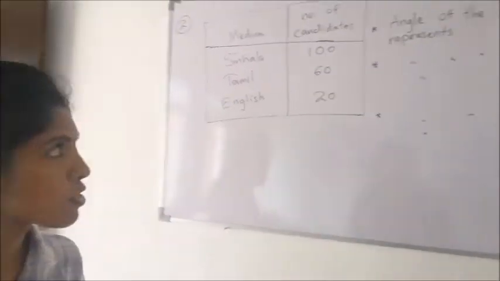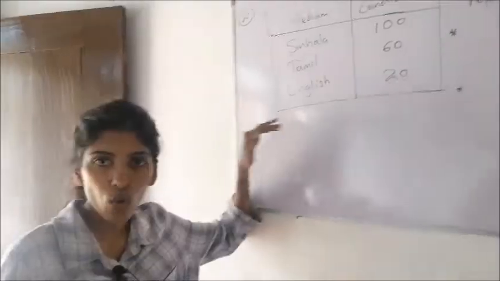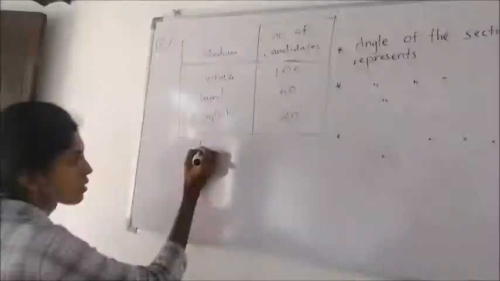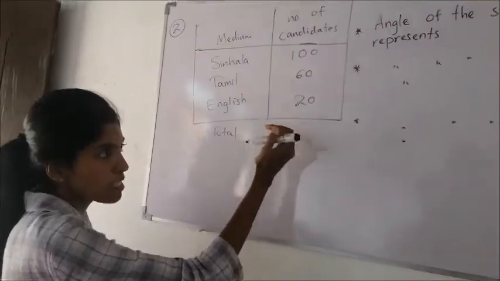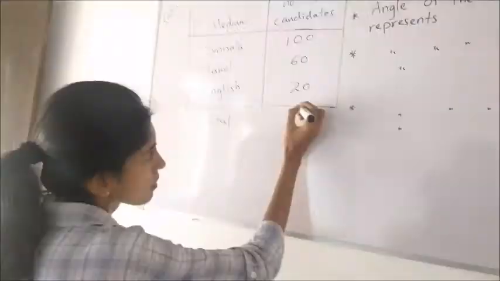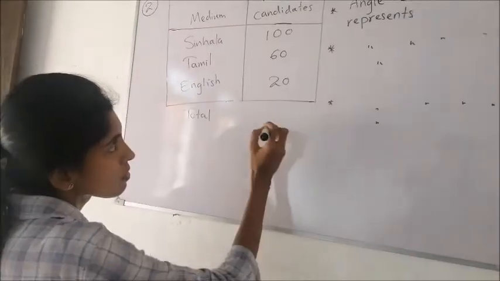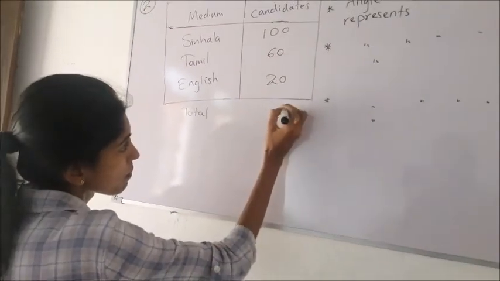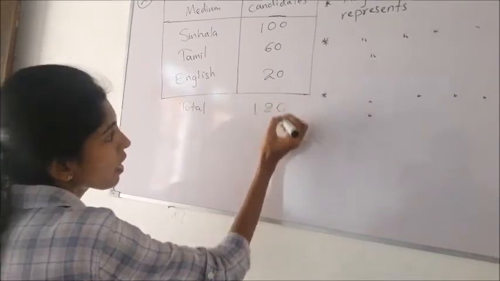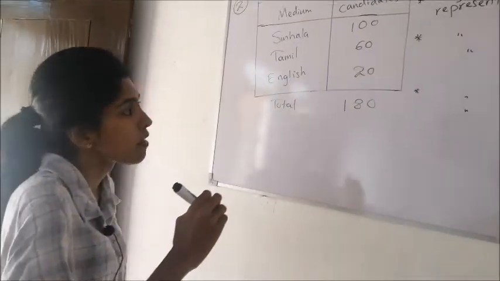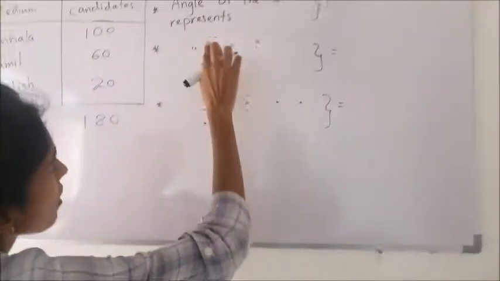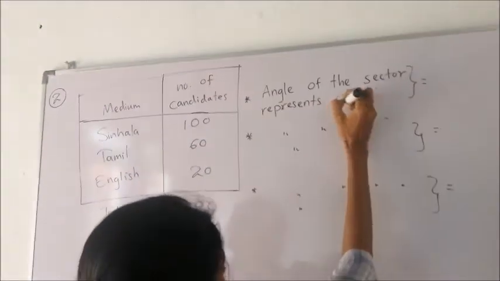Right. First of all, I told you whether they have asked or not, we need to find the total number of candidates, because that is the one which represents the 360 degrees. 180. There are 180 candidates. Okay. Angle of the sector represents Sinhala medium.